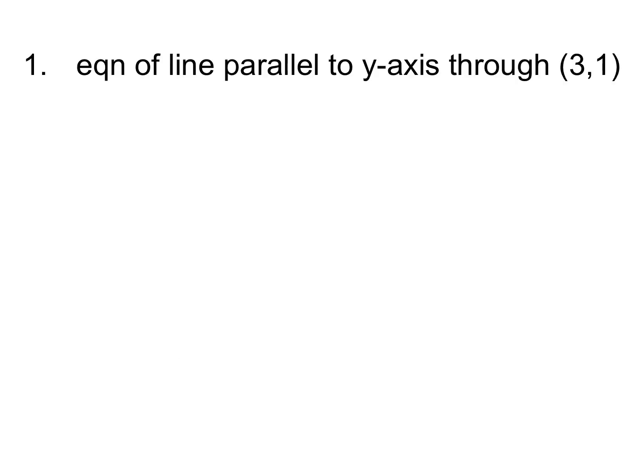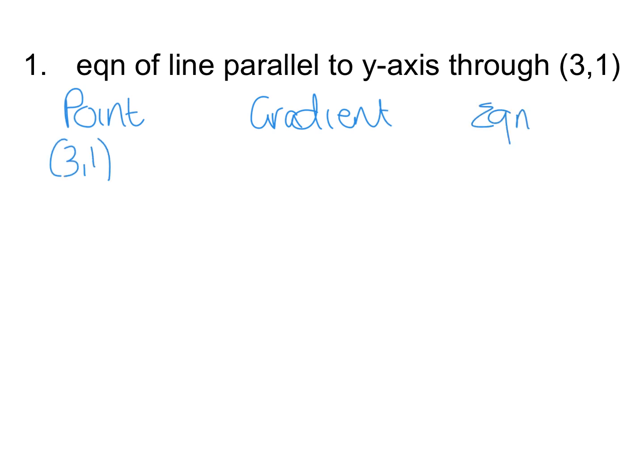So let's look at example 1. It's asking us to find the equation of the line parallel to the y-axis through (3, 1). So we're looking for an equation of a line, and we need three things: our point, a gradient, and then an equation. We already know the point is (3, 1). Our gradient: if it's parallel to the y-axis, a little picture helps here.